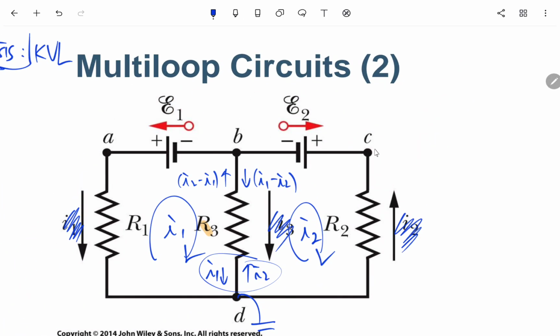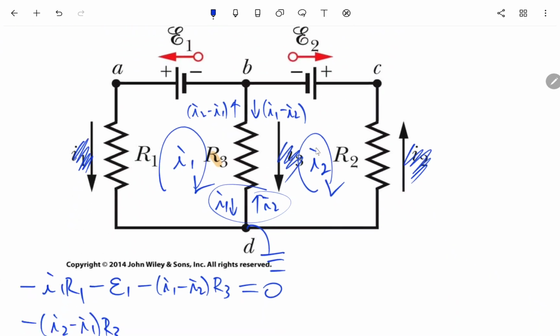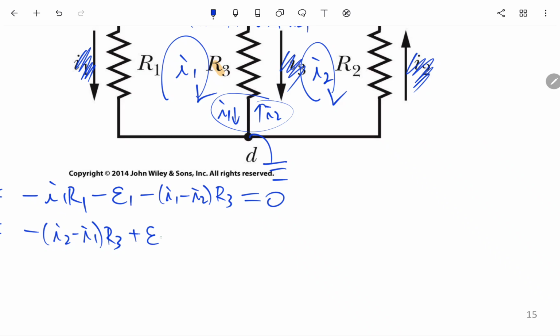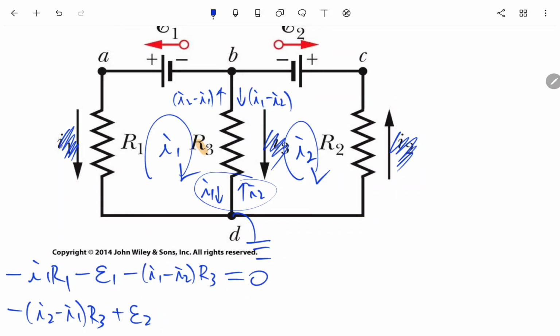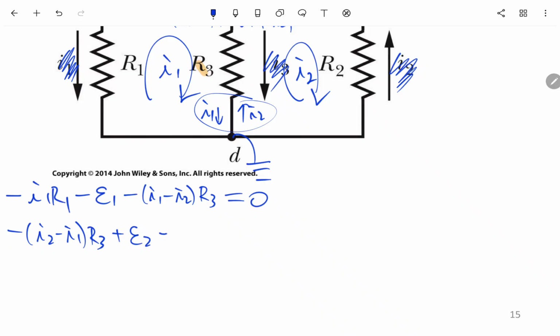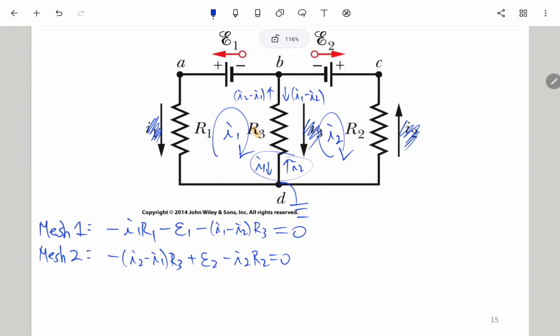Then from here to here, low to high, negative to positive, so we have plus E2. And then from here to here, we have minus I2 R2. So here we have two unknown variables, I1 and I2. All the others are known values.